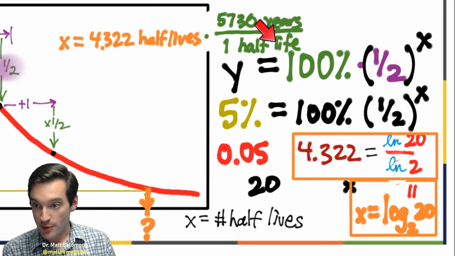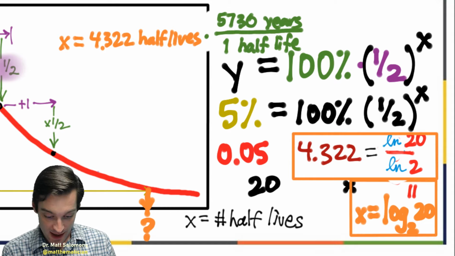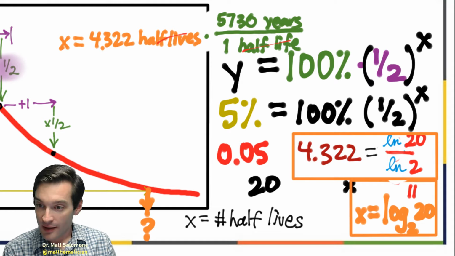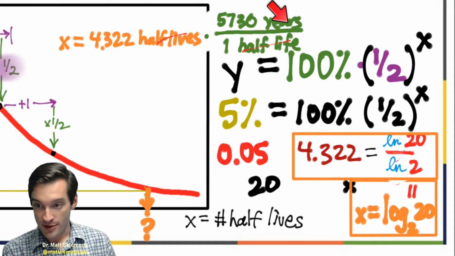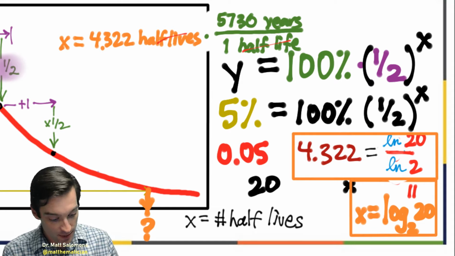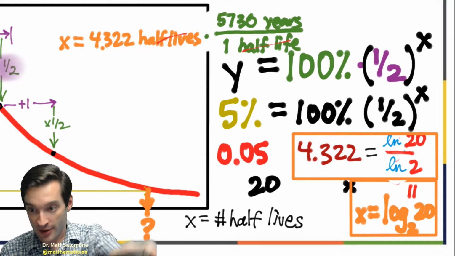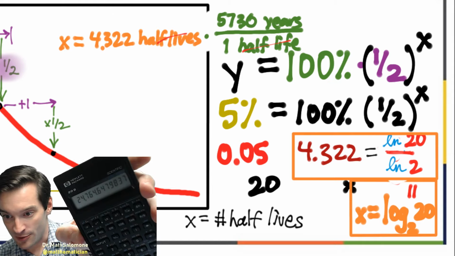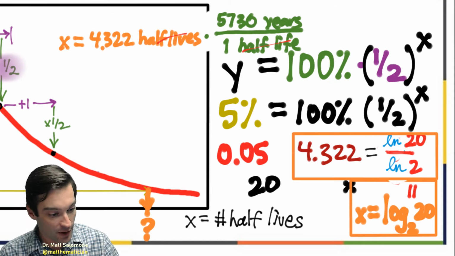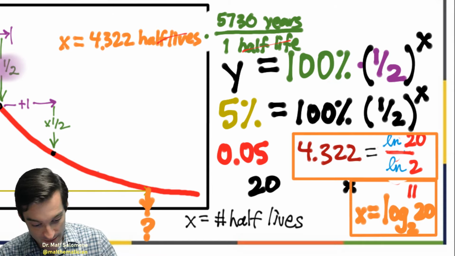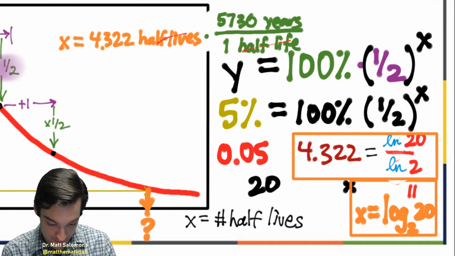And then my units, half-lives, half-lives, cancel. And my new units that survive are years. 4.322 times 5,730. Pull out my calculator one more time. Do that multiplication. Gives me this number right there, 24,765, if I round that up.